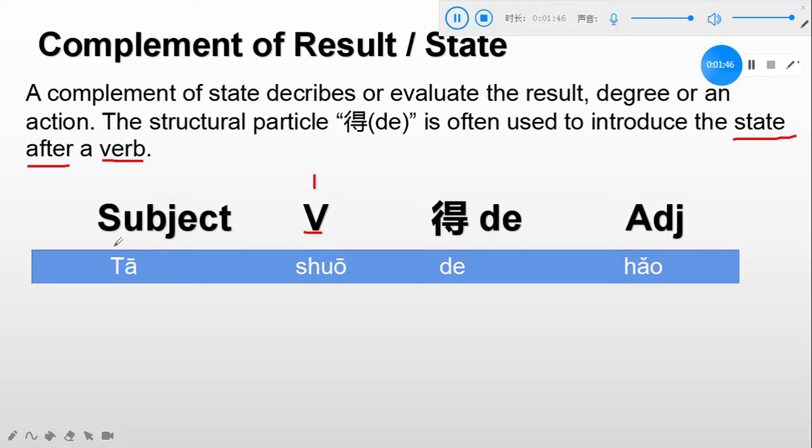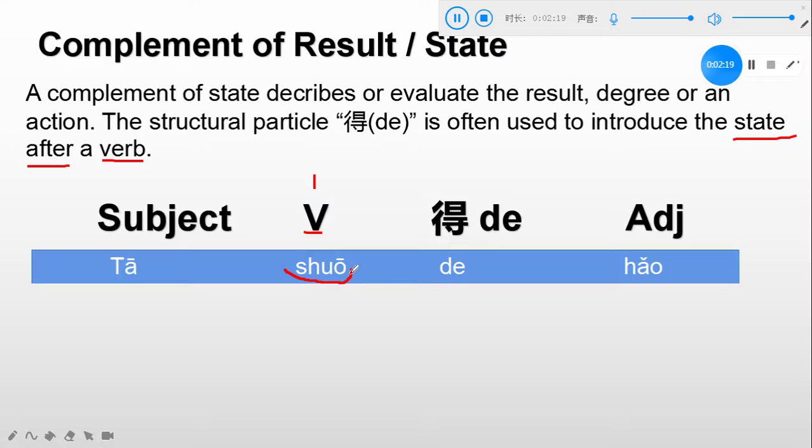Example 1. Well, here I like to point out that the reason why those examples are listed here is that they are pretty easy. I think if the example is easy, maybe the explanation is clear. Okay, example 1. 他说得好。说, see, it's a single verb.